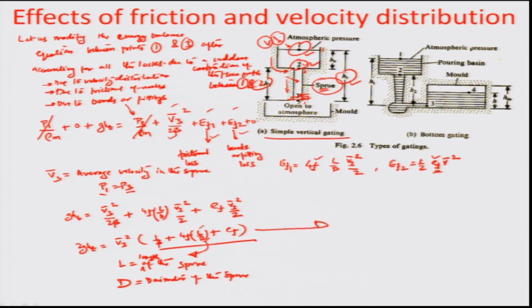So, from this particular equation now, you have V3 dash becomes equal to some coefficient C_d times root of 2 g h_t, and the C_d is very popularly known as the discharge coefficient from elementary fluid mechanics, and this is represented as 1 by beta, the loss term because of the kinetic energy change due to velocity distribution, the loss term because of bending, contraction, expansion, so on and so forth, plus the frictional loss in the pipe, which is 4f L by d, all to the power of minus half.